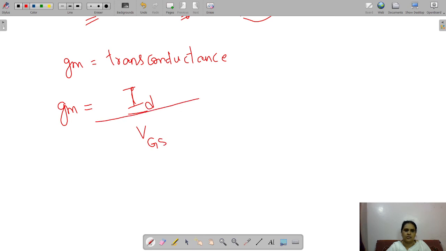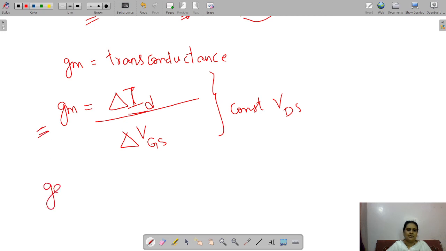So I can call GM the change in the output current over the change in the input voltage for constant values of VDS. Once I get the GM, I will get the gain, which is the multiplication of GM and delta VDS.